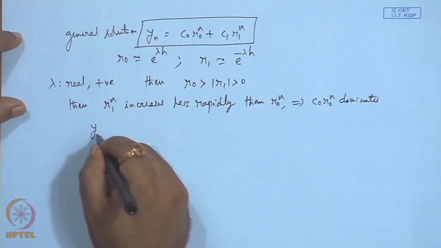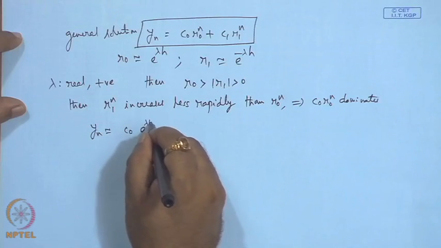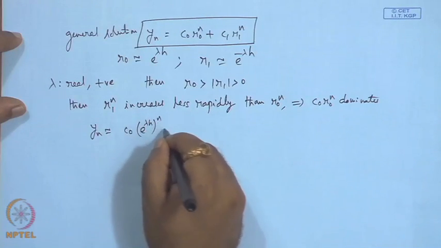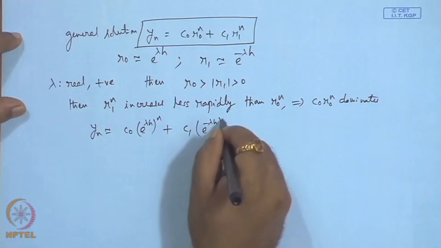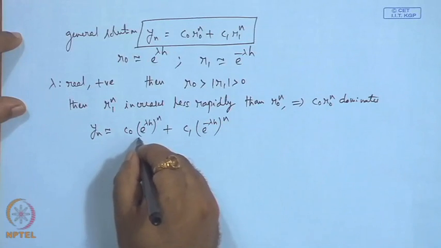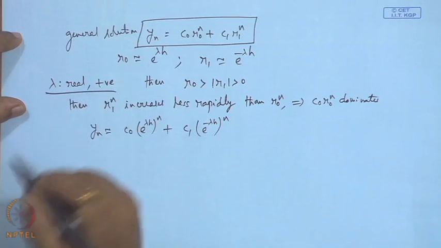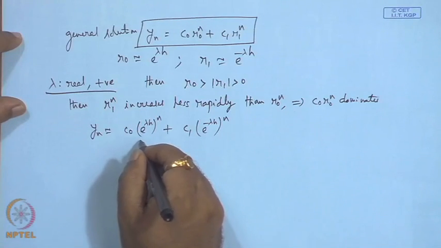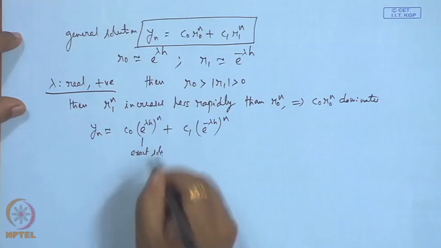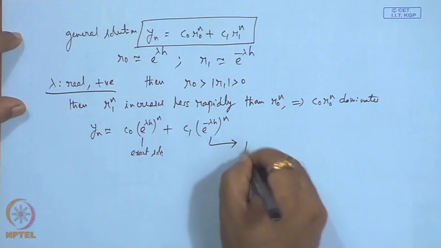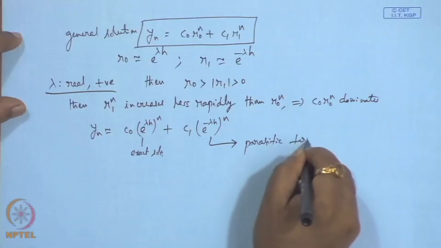So, out of your solution C 0 e power lambda h n plus C 1 e power minus lambda h n, this is dominating this for this case, which is the exact solution, and this is the parasitic term.